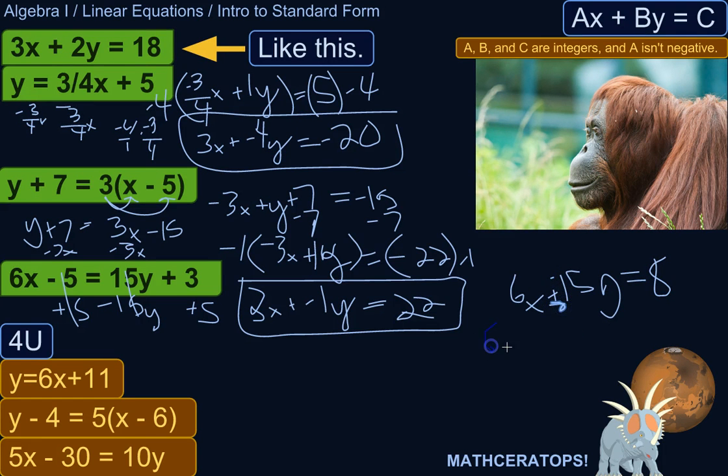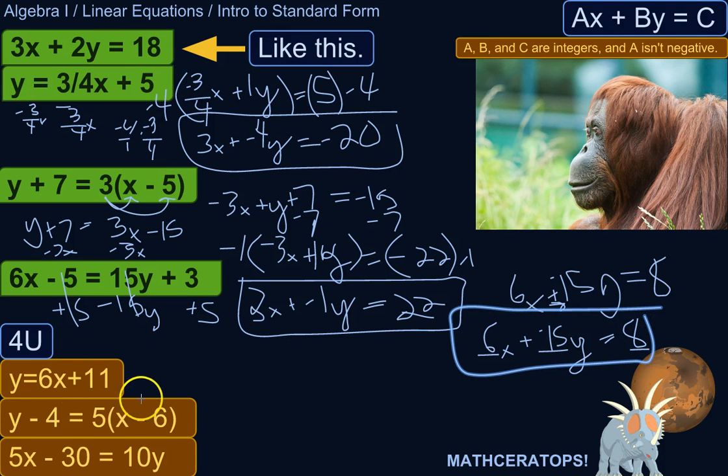So 6x plus negative 15y equals 8. So a, b, and c are integers, and not a fraction or a decimal or anything. And a isn't negative, so that's good. And so we're good to go. That's the standard form of that equation.